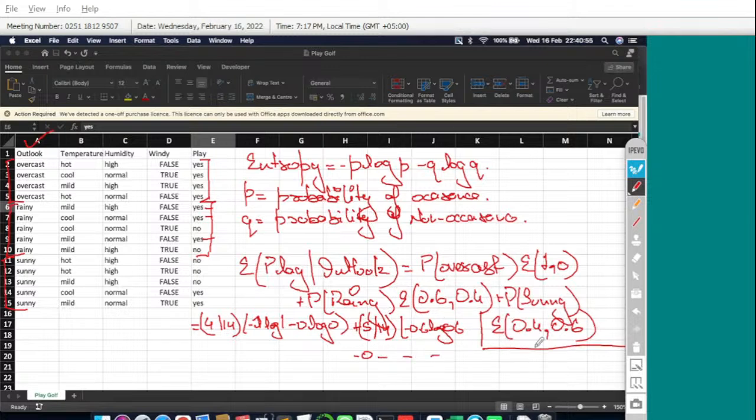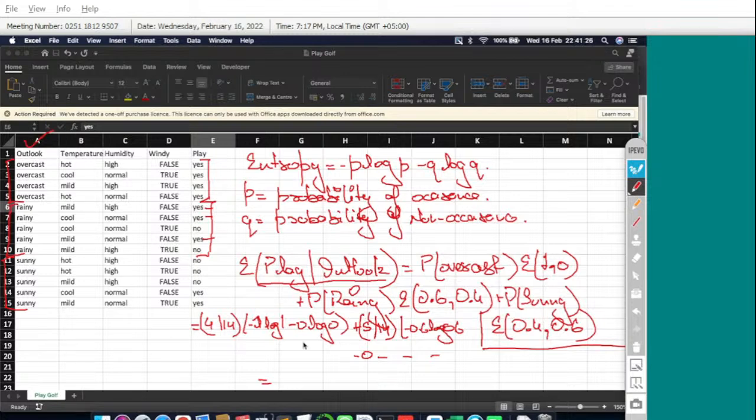We can expand this formula and calculate this value. We understood the approach, how we calculate the entropy, right? Understood? Or should I write the entire formula? Let me make some space. Clear? We can expand it and calculate the entropy at outlook.